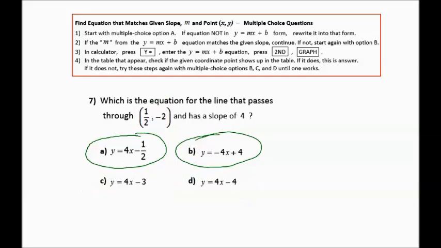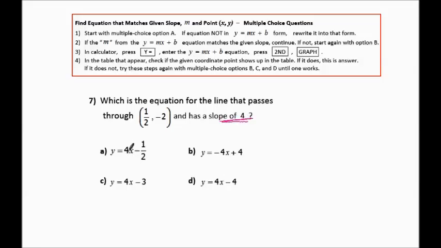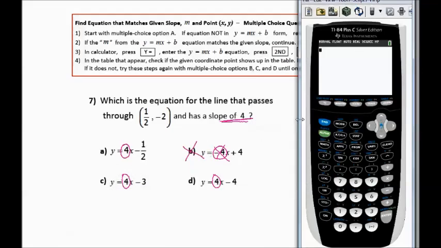You're also going to be checking to make sure that each one of your equations also has a slope of 4. In this case, this has a slope of 4, this has a slope of 4, this has a slope of 4, but this has a slope of negative 4. That's not it. So we can immediately scratch out option B and work with the other ones.